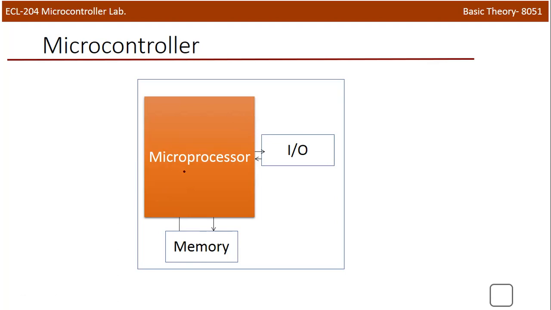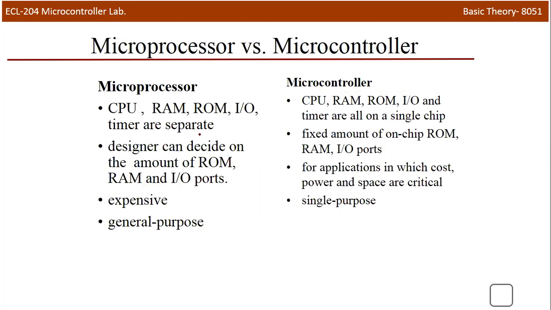So microcontroller means a microprocessor plus input output plus memory. All these devices are available on a single chip. And if you compare the microprocessor and microcontroller unit, in a microprocessor, the CPU, RAM, ROM, input output, timers are separate. When you consider a microcontroller, the central processing unit, RAM, ROM, input output, and some devices like a timer, ADC are all on a single chip.